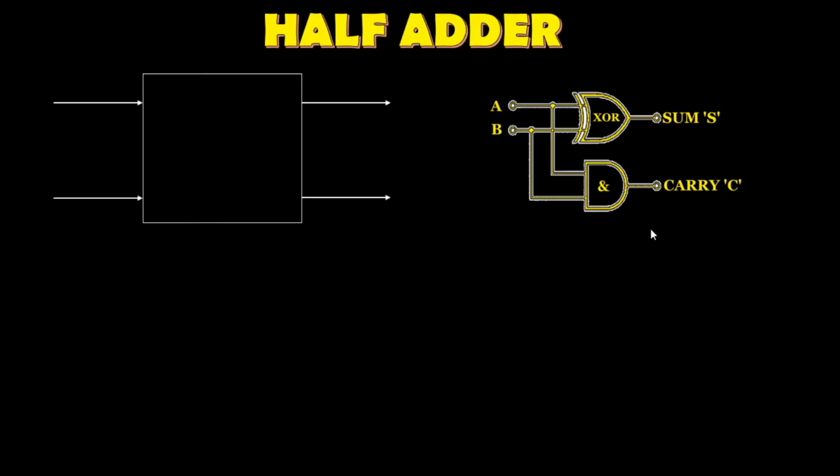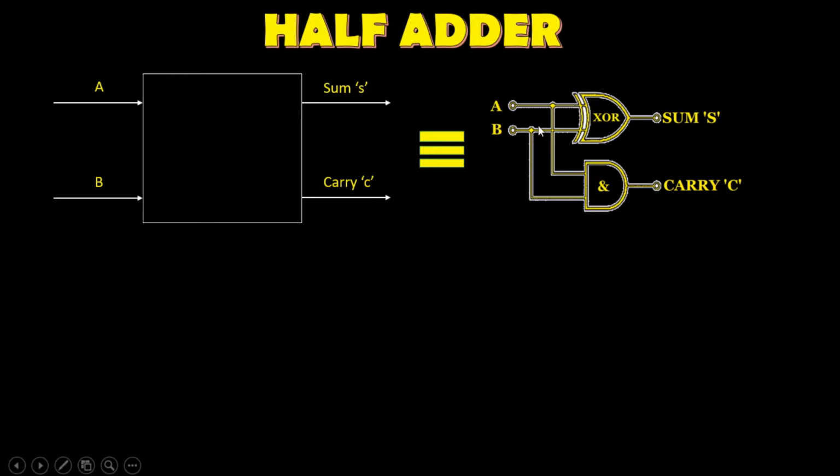To simplify the half adder logic circuit, we use what is called a block diagram. The block diagram also has two inputs, A and B, and two outputs, sum S and carry C. The block diagram is basically the equivalent of the logic circuit, as you can see.